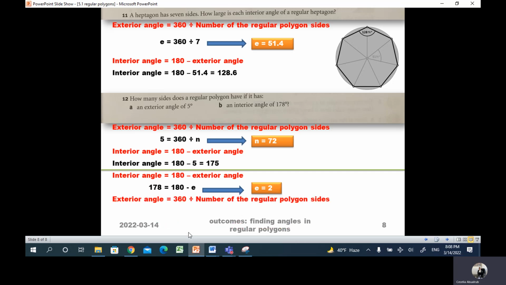Then I will use the second formula. I know the exterior angle is equal to 360 over N. And if I want to make N the subject, the formula will become N is equal to 360 over E. So if you do that, then N will come down to 180.